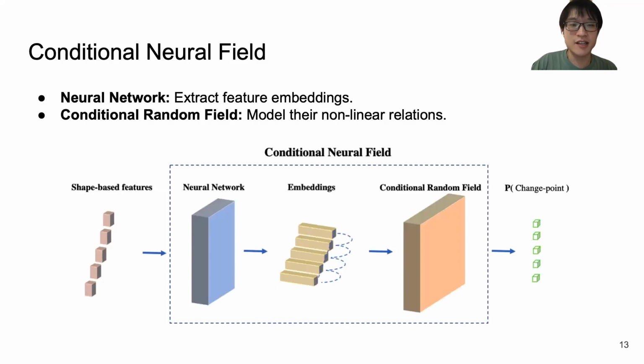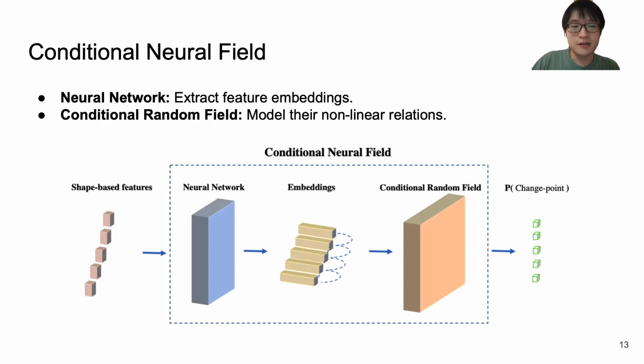Now, here is the architecture of CNF. CNF combines classical conditional random fields with a single hidden layer neural network. It was proposed to overcome a limitation of conditional random fields, which fail to model complex nonlinear relationships between the input features and the output.